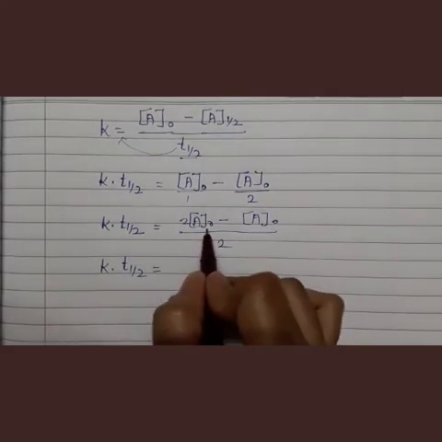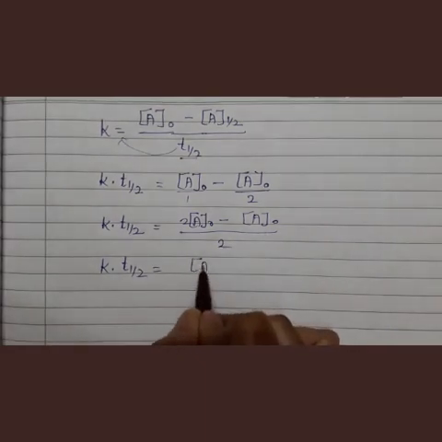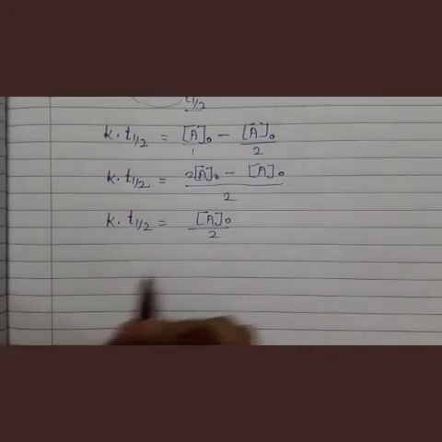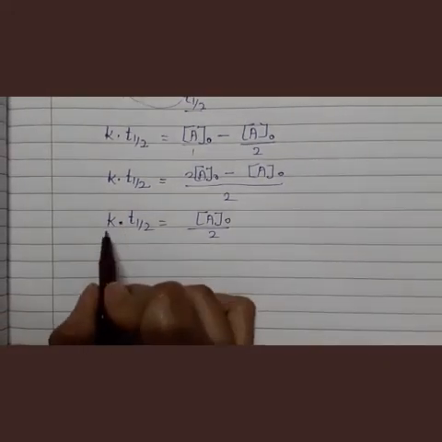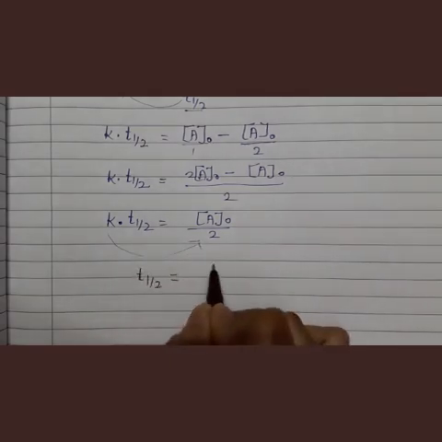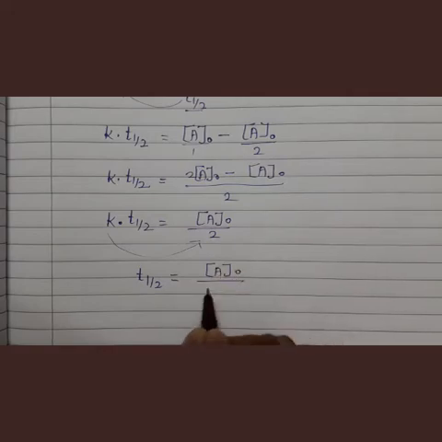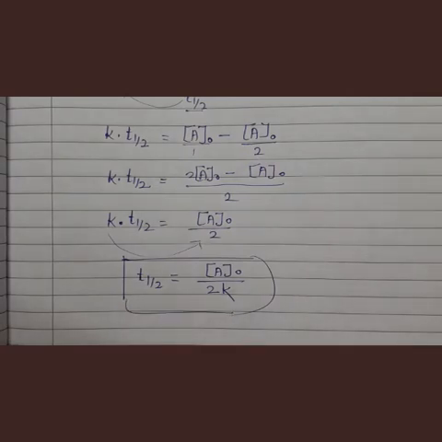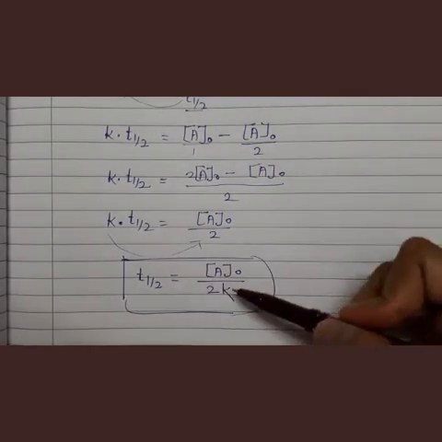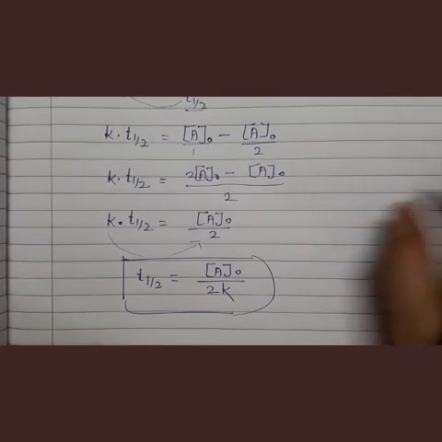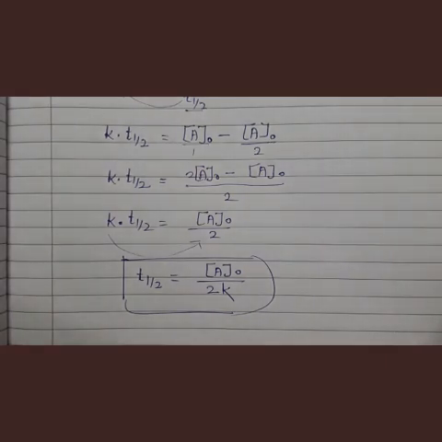Now 2A0 minus A0 will become A0 upon 2. Now this K we will send to the denominator, so T half is equal to A0 upon 2 multiplied by K. This is the formula to find half-life of zero order reaction: T half is equal to A0 upon 2K, where K is the rate constant. So by using this equation we can find out half-life of zero order reaction.